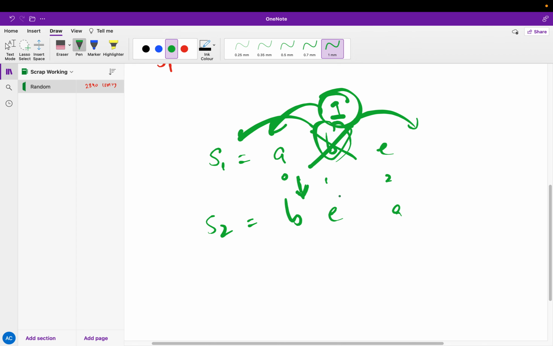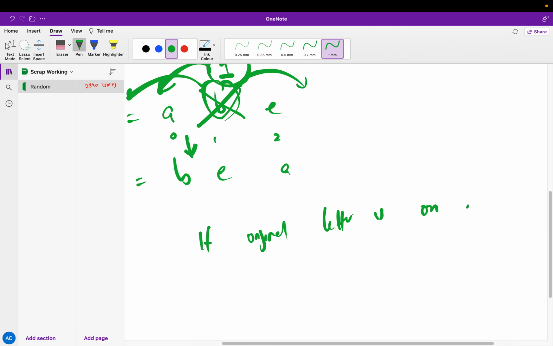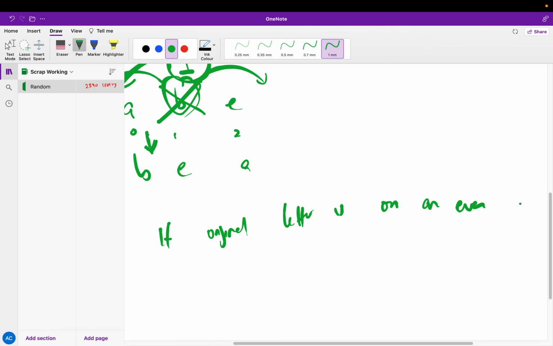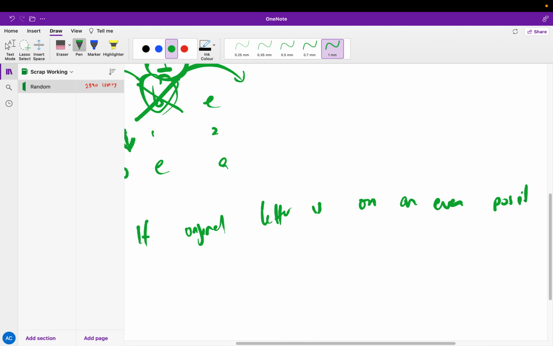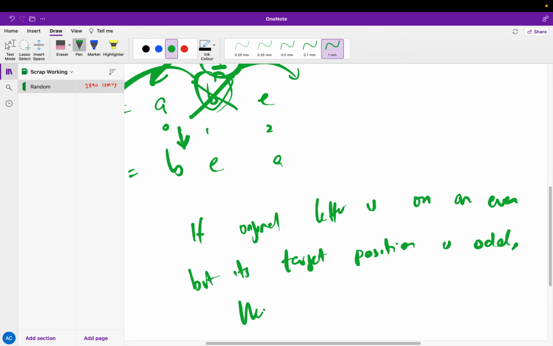Because that's like one rule. So if the original letter is on an even position, but its target position is odd, then return false, basically.